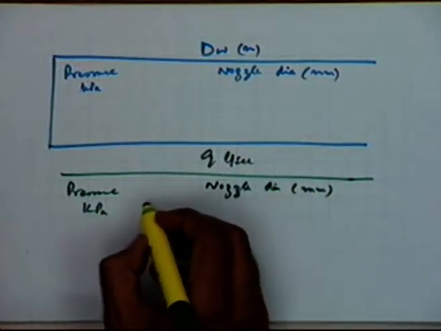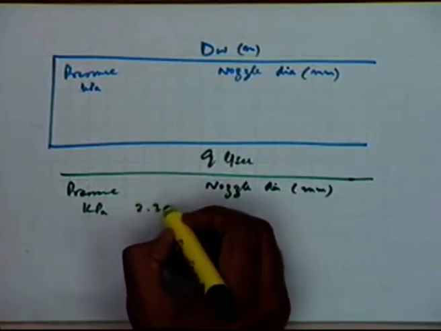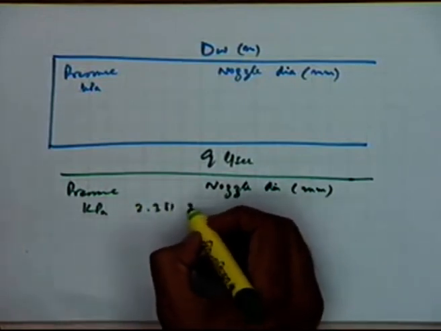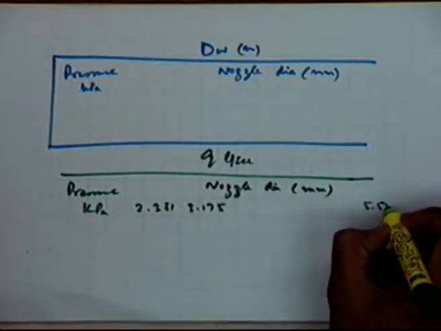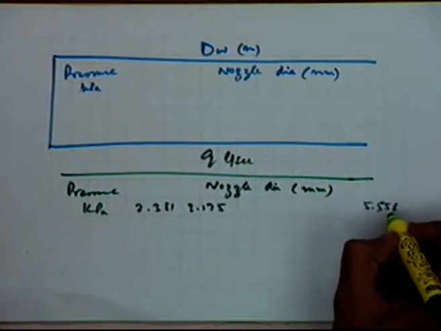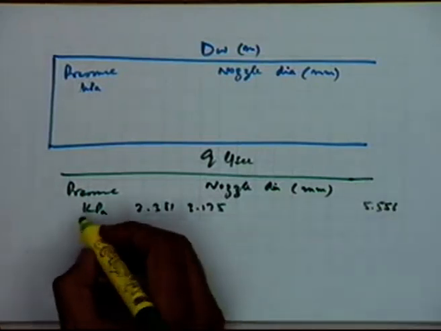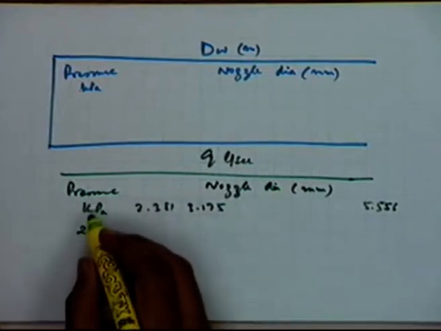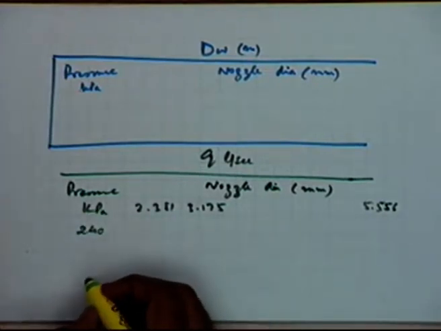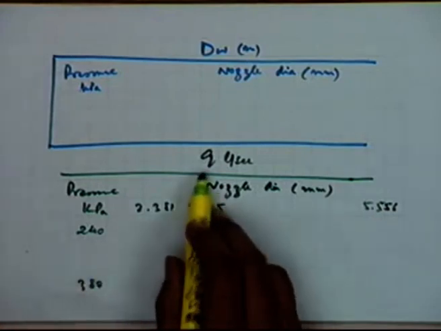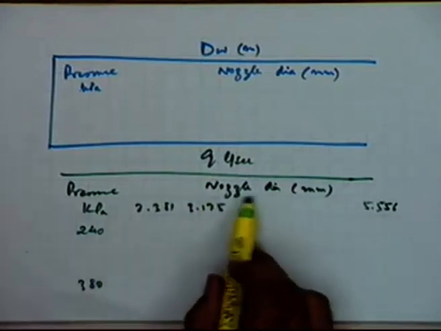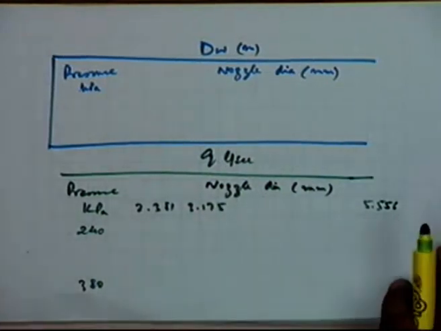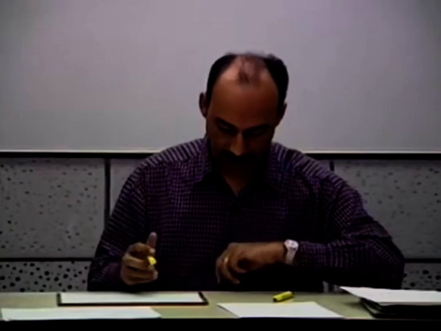So for different nozzle diameters, the range can vary, and this is from 240 kilopascal to around 380 kilopascal. So you have the discharges under these conditions. What will be the discharge available? Similarly, there are many other tables.